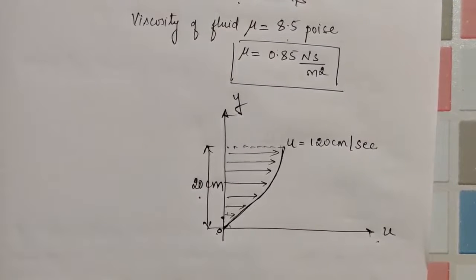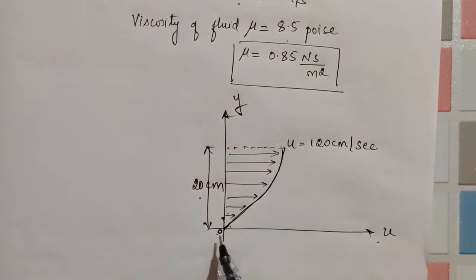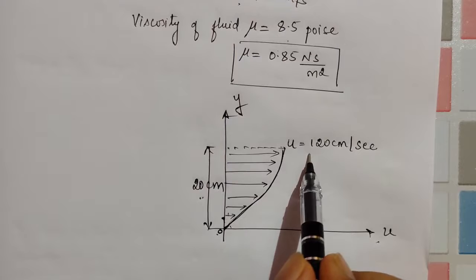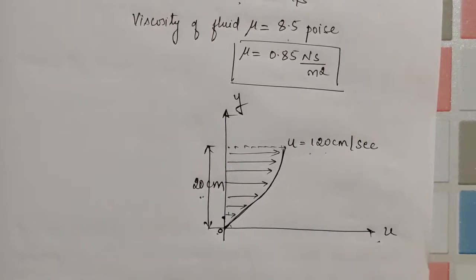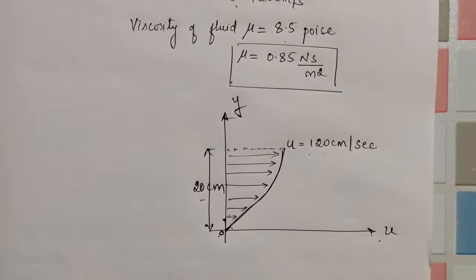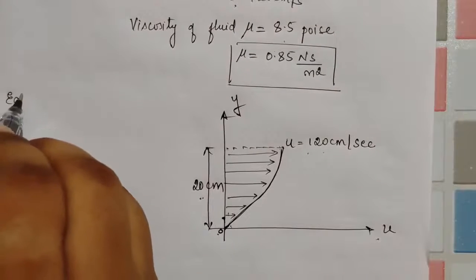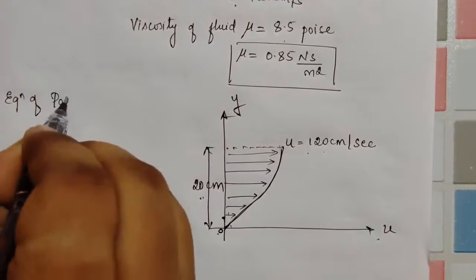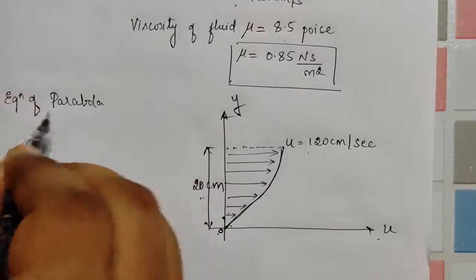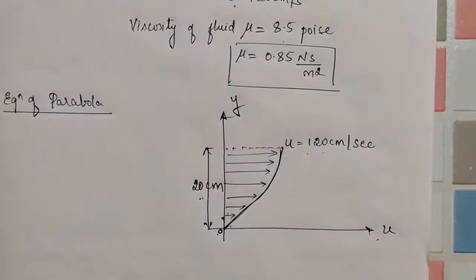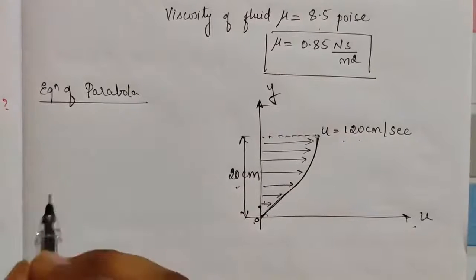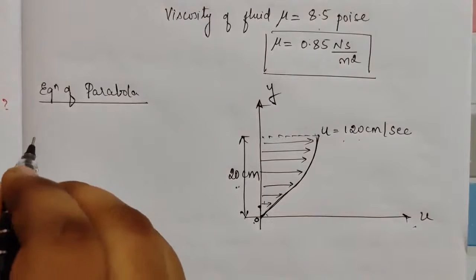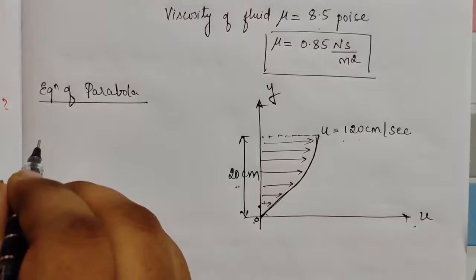So they directly gave that it is a parabolic variation. Okay, so at 20 centimeter the velocity is 120 centimeter per second. Then what do we have to do? We must know the equation of a parabola.